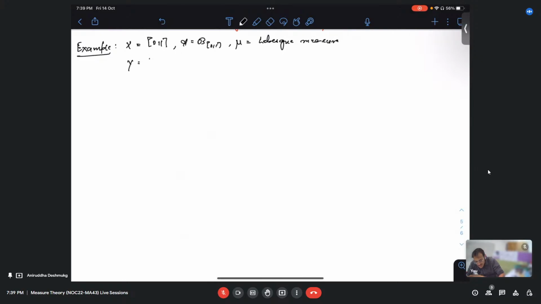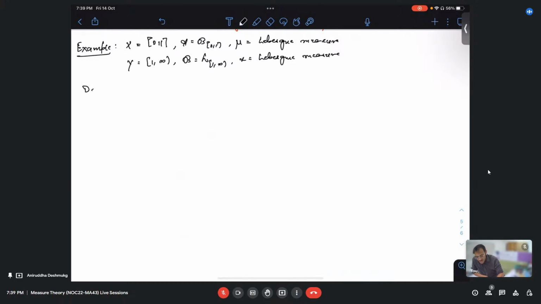The other space is [1,infinity), the sigma algebra is the Lebesgue sigma algebra of [1,infinity), and the measure is Lebesgue measure. We'll see the sigma algebra won't matter. We could have considered the Borel sigma algebra as well, and still we would have got the same thing.